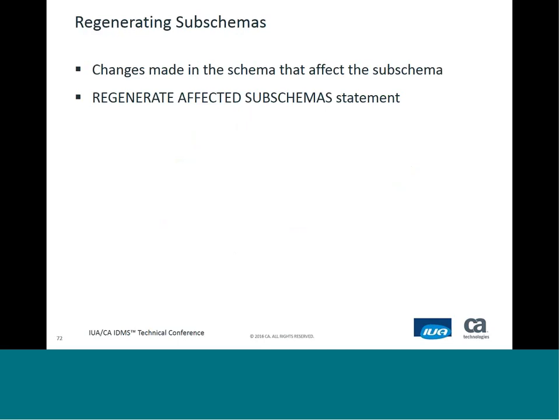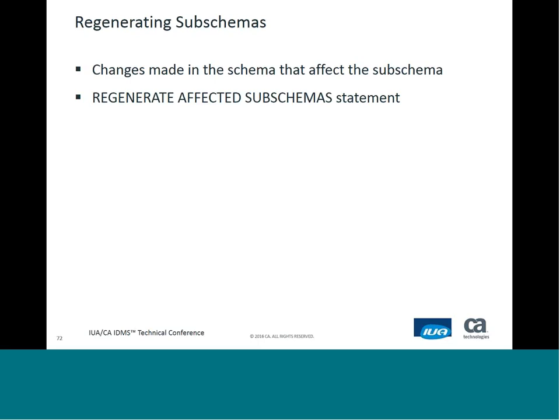Now, when you're updating your schemas, as I've been saying, you are going to have to go through and regenerate your subschemas. The schema compiler does have a nice statement available to it called regenerate affected subschemas. So when you've modified your schema and validated it, you can then do this regenerate affected subschemas.